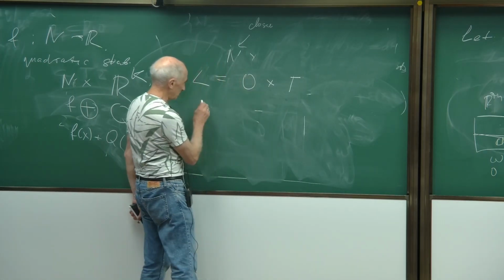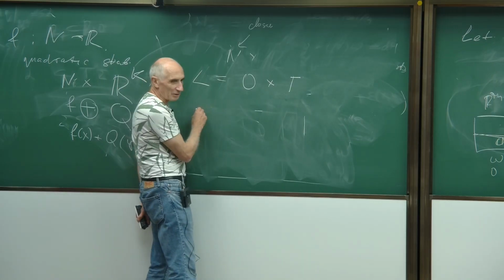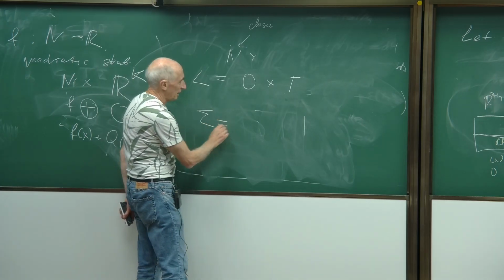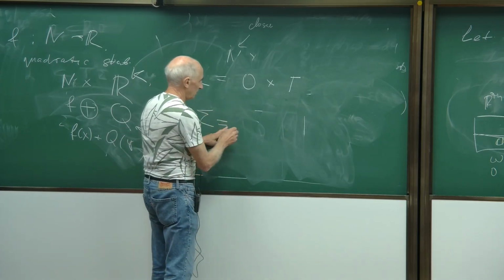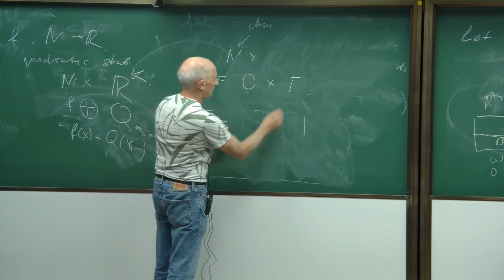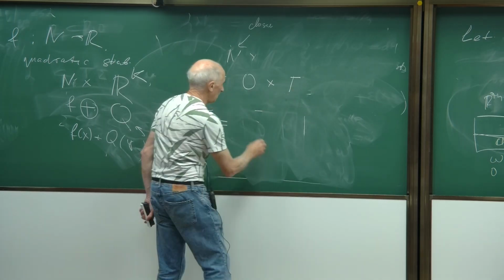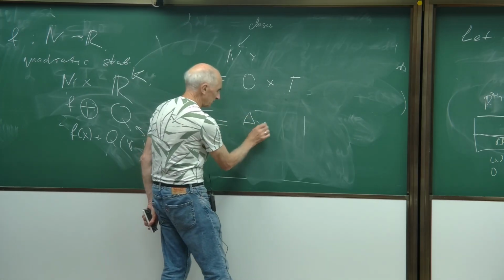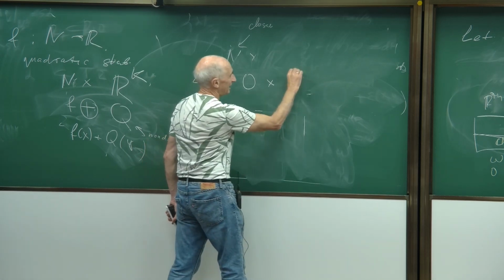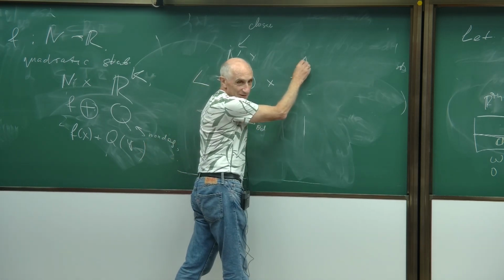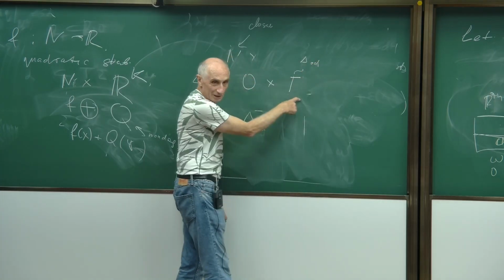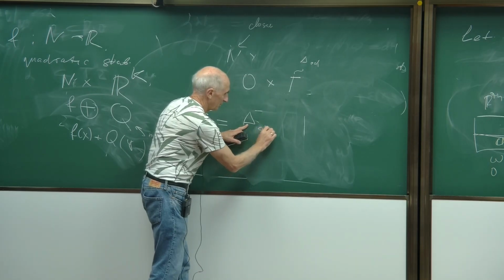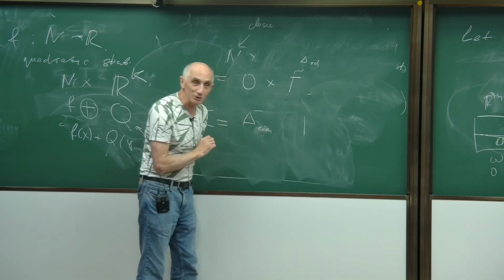So now it's a coisotropic thing, which I call sigma. For the sigma, you take a 0 times this graph, and now you take this delta odd. This is an analog of delta odd, 0 times delta odd. But now you take a delta even, but not cross the 0 section.